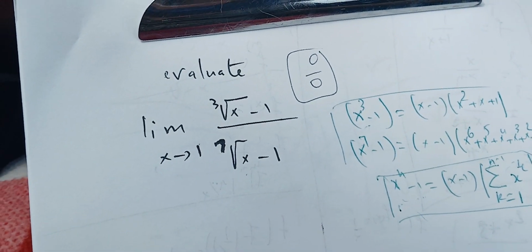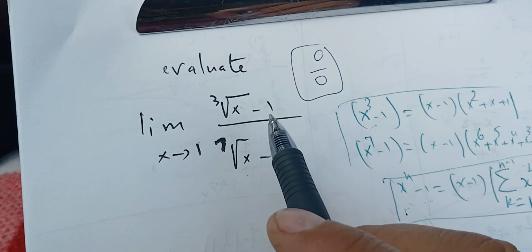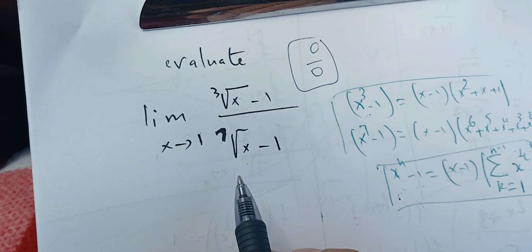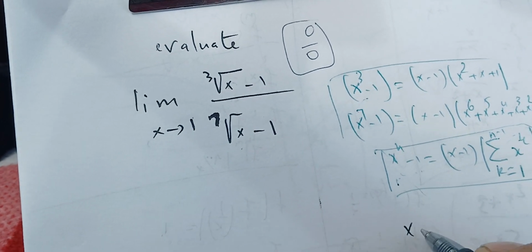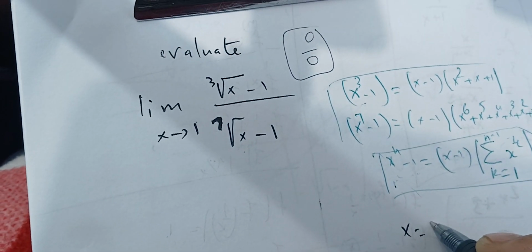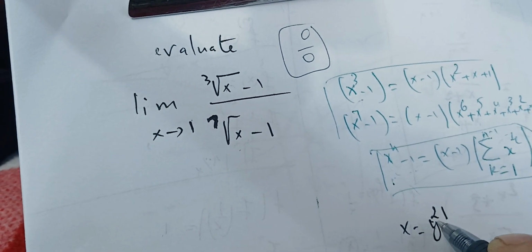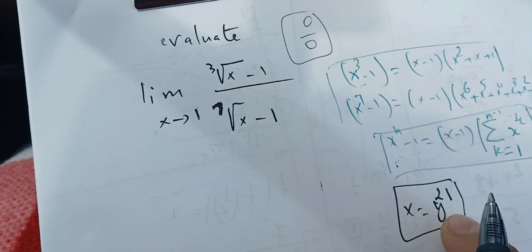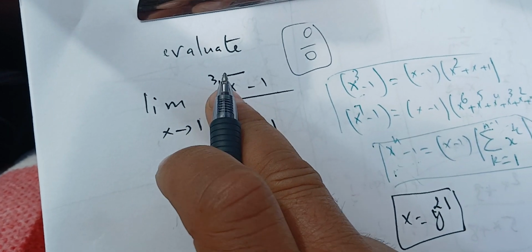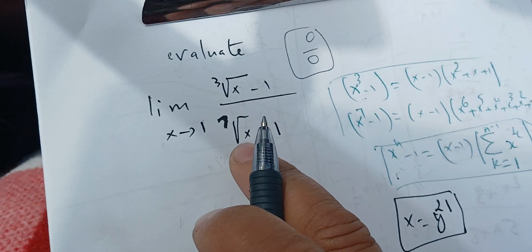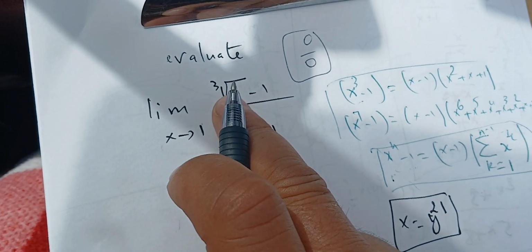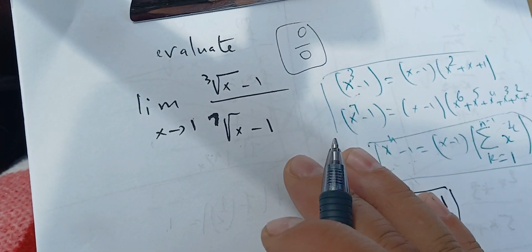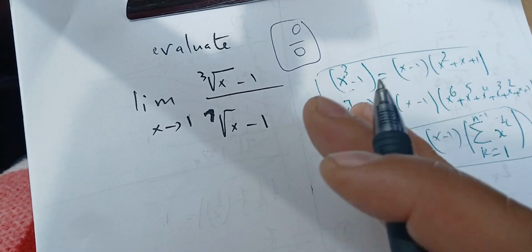So the best way is to define a new variable. Let's say x is y to the power 21. Why are we doing this? Because the 7th root of x and the 3rd root of x act the same way, except that the values change.